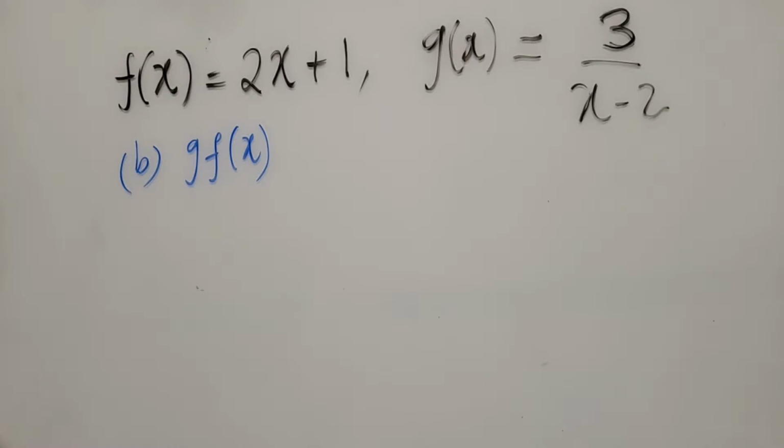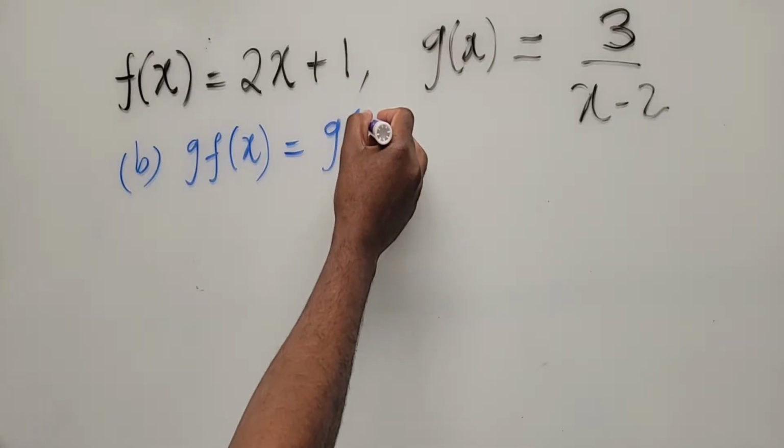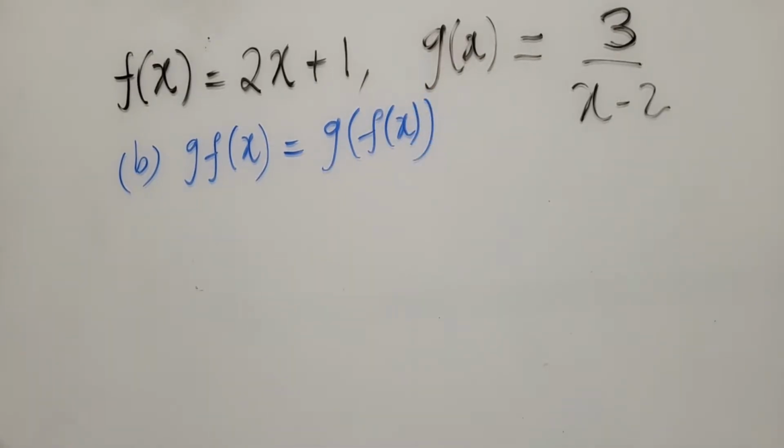So when you see that symbol, this is just the same as g of f of x. When they write g of f of x, it means in the function g, where there is x, you substitute the function f of x.